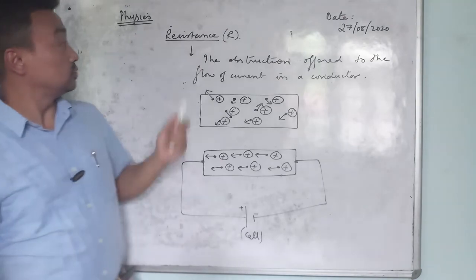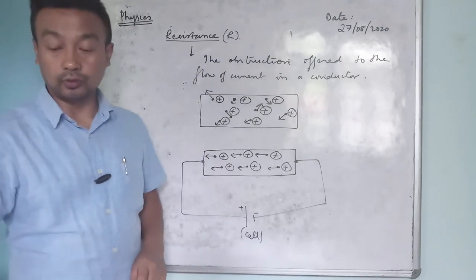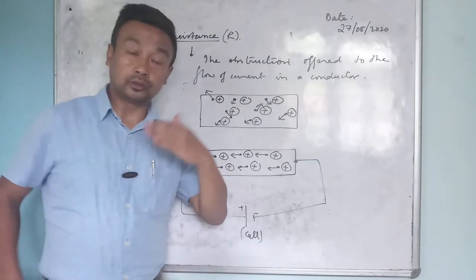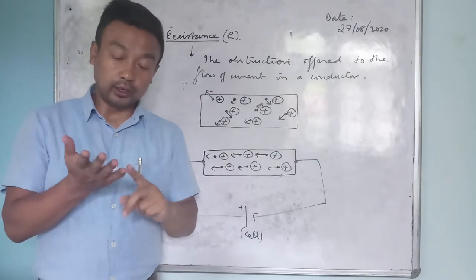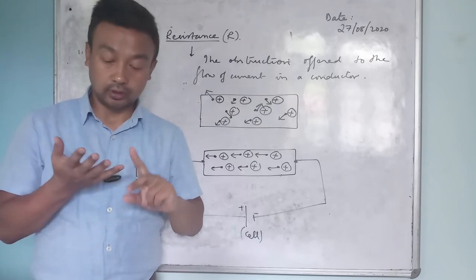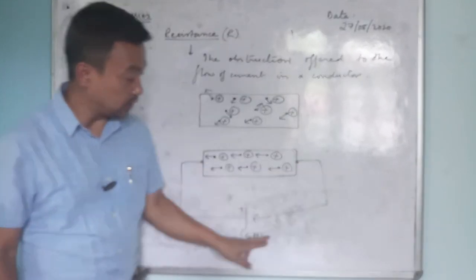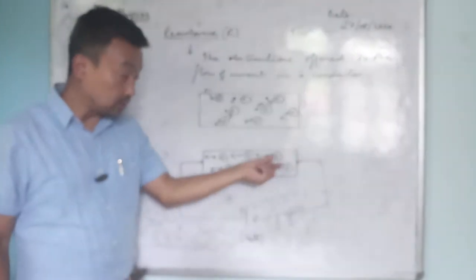Now this resistance of a wire is given by capital R. In order to understand the resistance of a wire, we will come to another topic where there is a relation between the potential difference across the ends of the metal, this potential difference created here, and the current flowing.